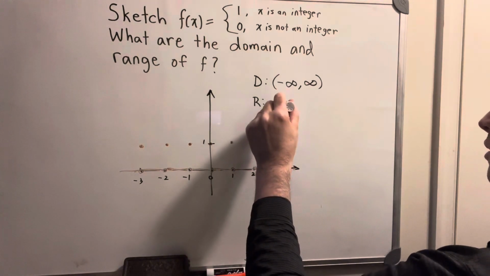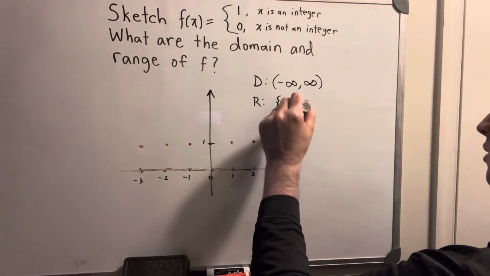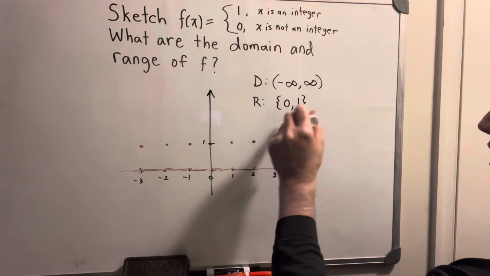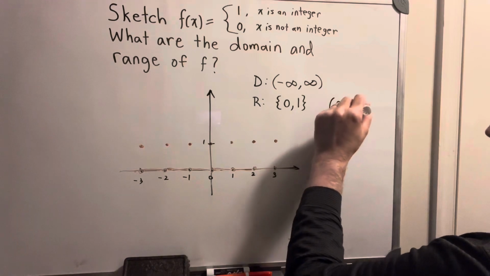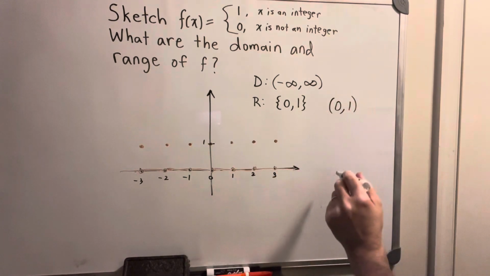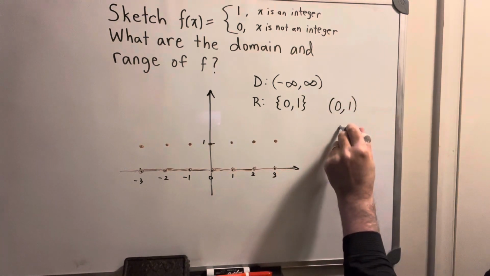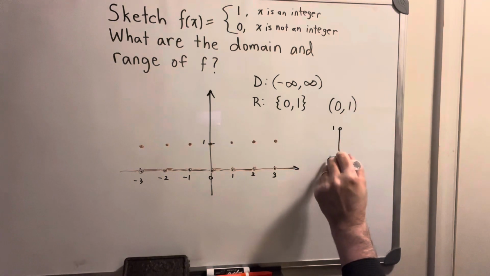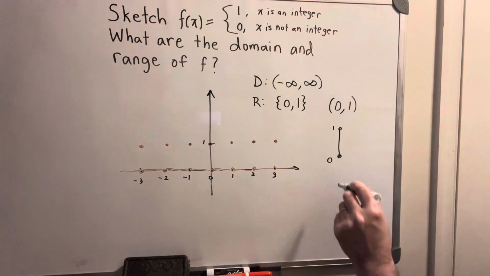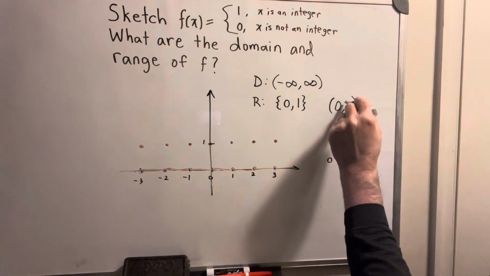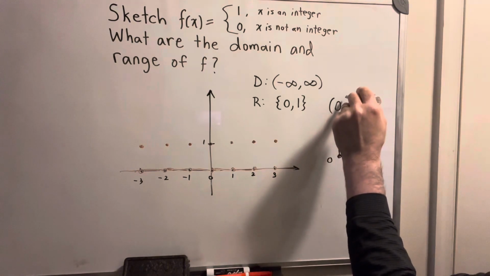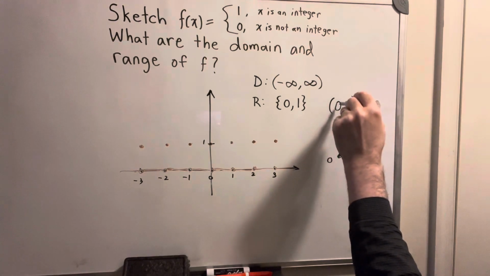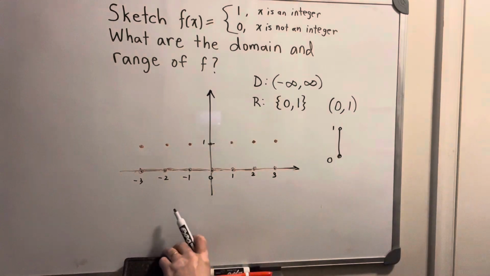So this notation, see these curly braces? First of all, what does this mean in interval notation? It means 0.5, 0.225, there's an infinite number of real numbers between 0 and 1, not including 0 and 1.